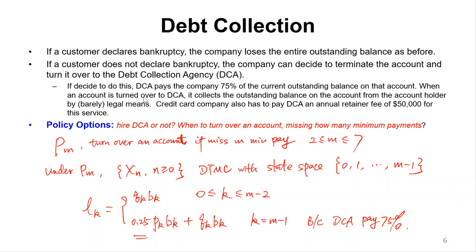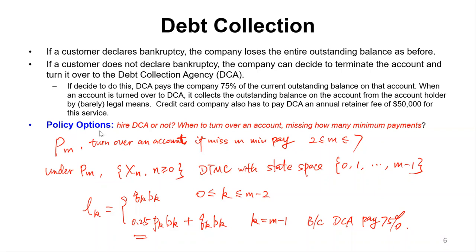When the account is turned over to the debt collection agency, it collects the outstanding balance on the account from the account holder by legal means. The credit company also has to pay the DCA an annual retainer fee. That means you need to pay an annual fee to use this agency, like 50,000, for this service.